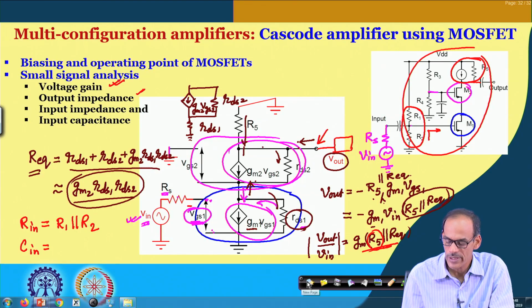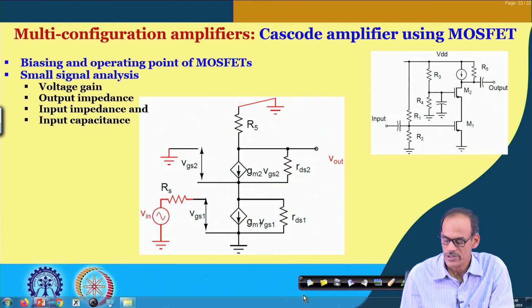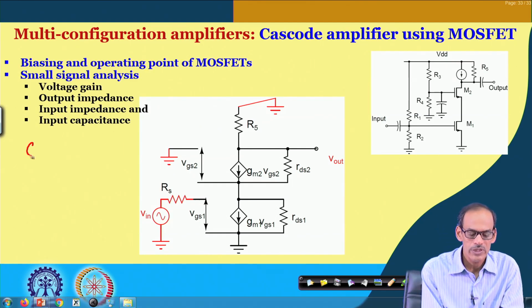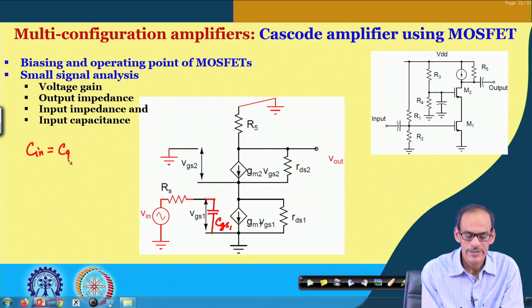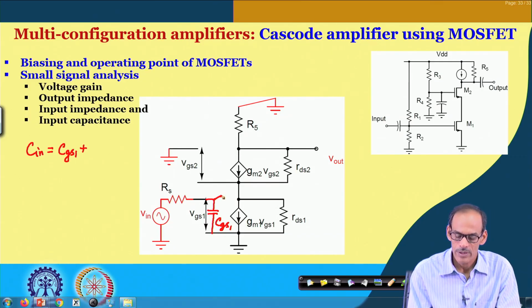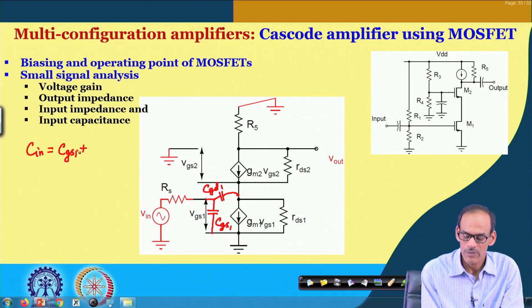So, let me erase and make space for the expression. C_in comes from CGS, which appears as is, in parallel with CGD, but that is affected by the Miller factor.